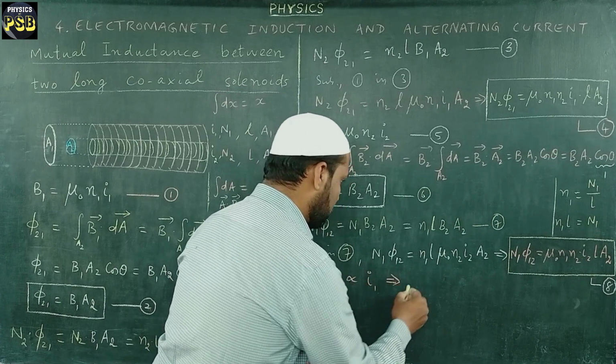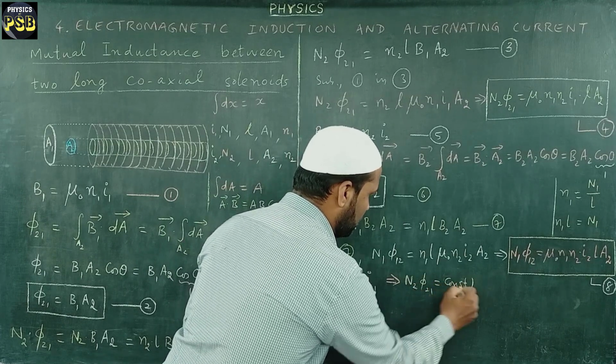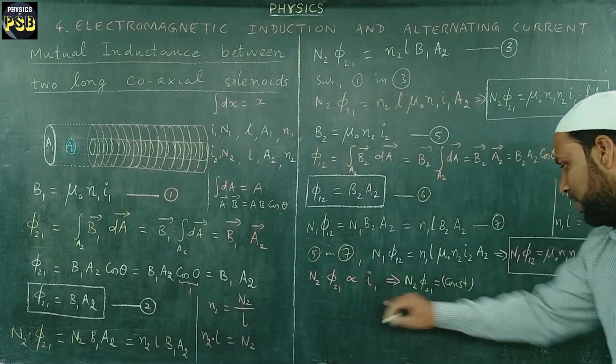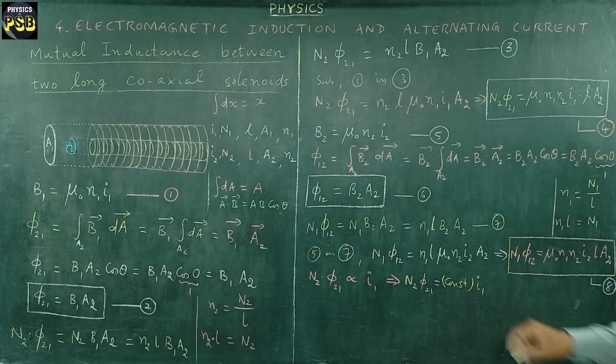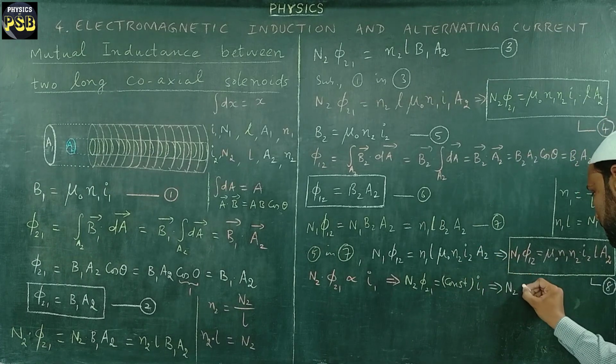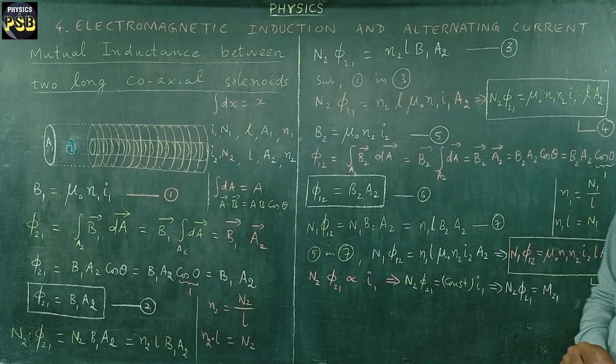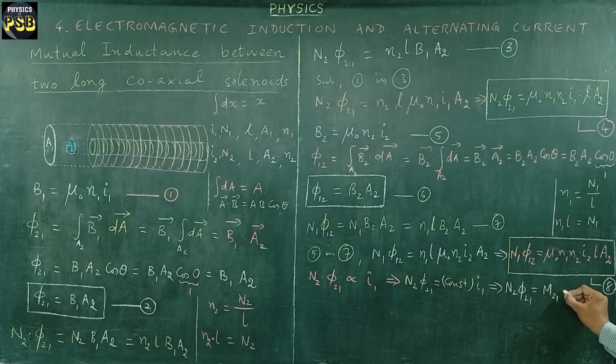The equation will appear like this: N2 phi 2 1 equals a constant times I1. In place of this proportionality constant, I write M2 1, and it is nothing but the mutual inductance of solenoid 2 with respect to solenoid 1, multiplied with I1.